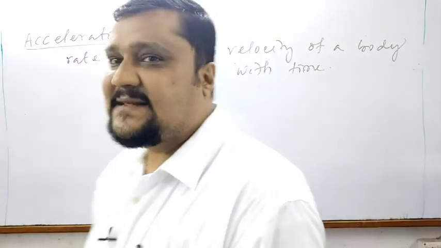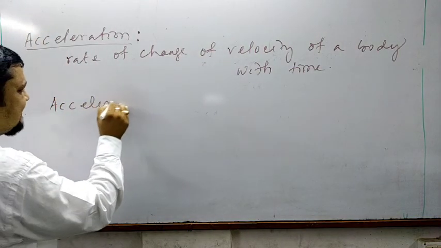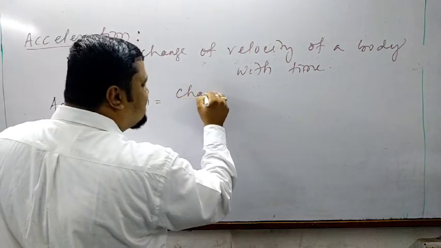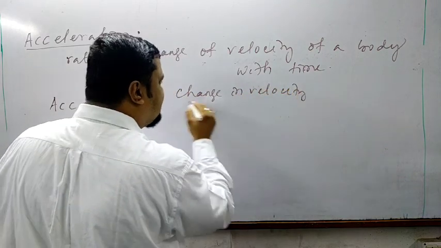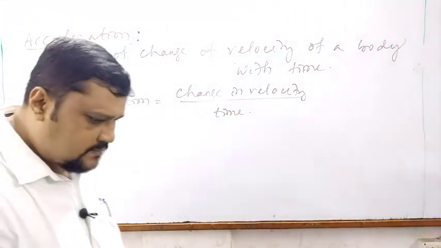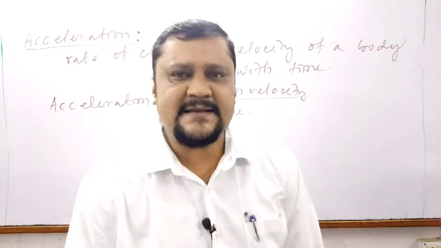So I can write acceleration is equal to change in velocity, not the velocity, it is change in velocity, remember, divided by time. Suppose I move with a uniform velocity. What is my change in velocity? 0. So what is my acceleration?